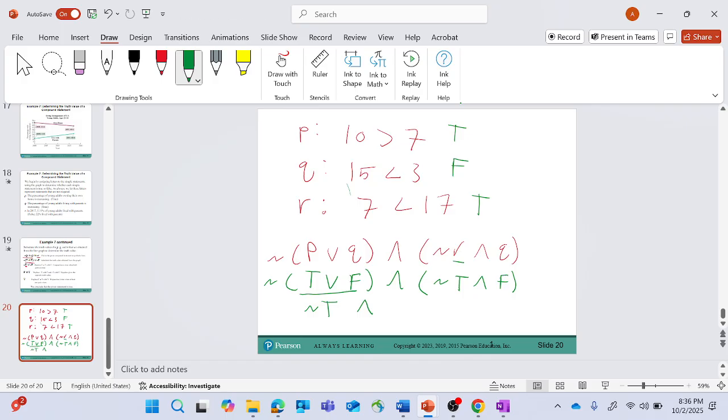This not true or false is just saying false and false. Everyone with me up to here? Y'all get what I'm doing? And then false and false is just going to be false. So now we have not true, which is false. And false and false is false.